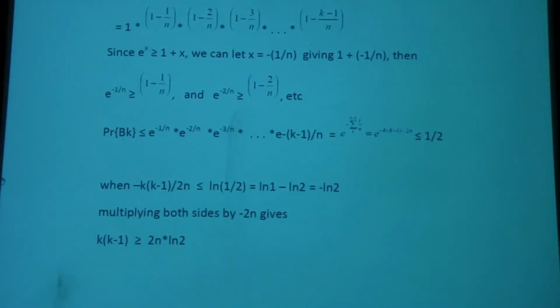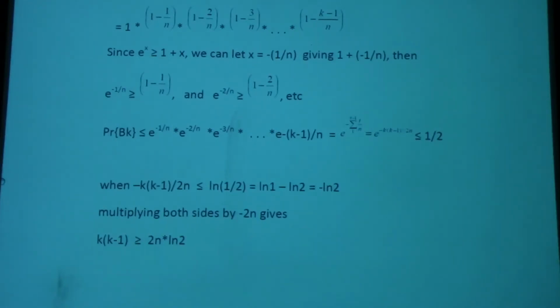That's what we want. So now we're going to use that exponent. When the exponent is less than natural log of 1/2, we get natural log of 1. This is the law of logs, right? ln 1 minus ln 2, but ln 1 is just 0, so it's going to be minus ln 2.